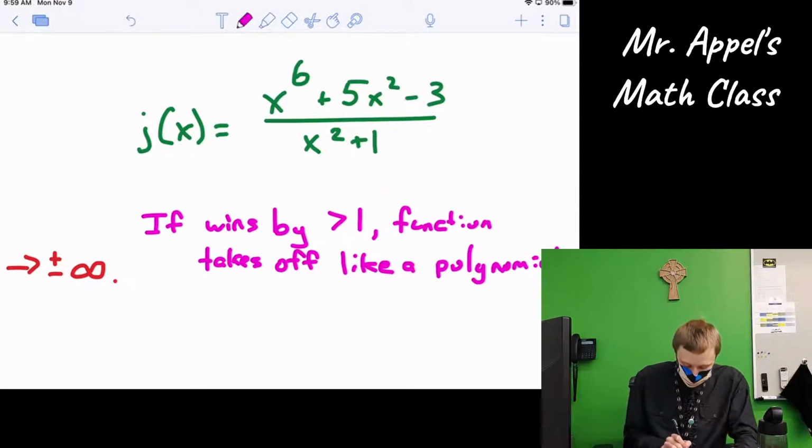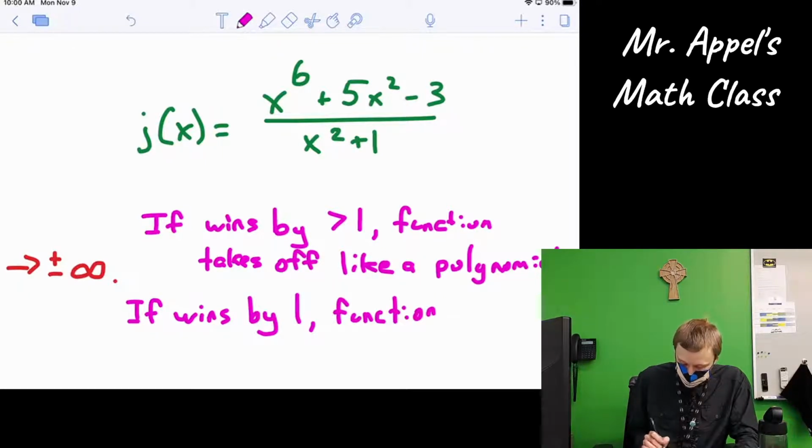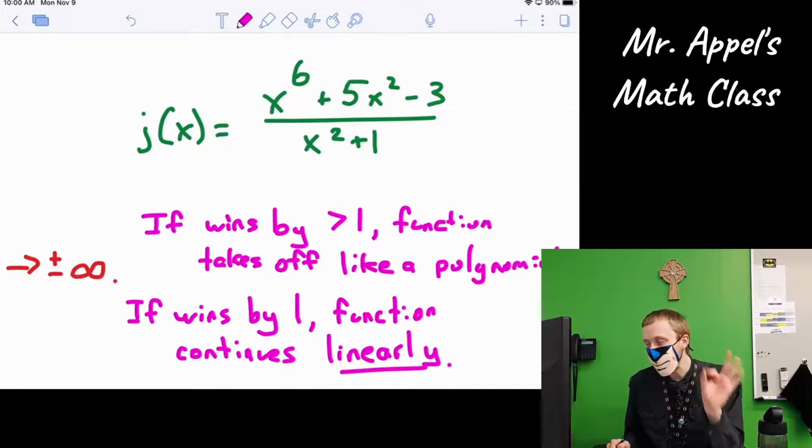If it only wins by 1, then the function continues linearly. The numerator wins, but not by a lot.